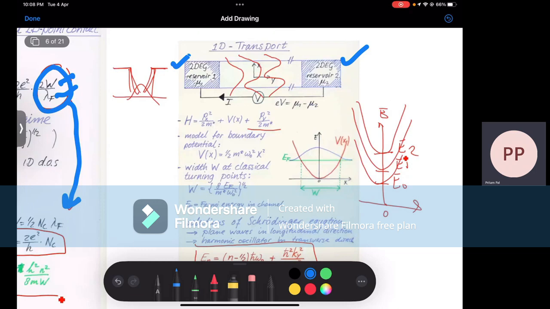The first thing we can safely assume is that the confining potential in the X direction is not a sharp function. It's not really a particle in a square box with infinite, sharp walls. It is some smooth confinement which we can approximate as a parabolic confinement.